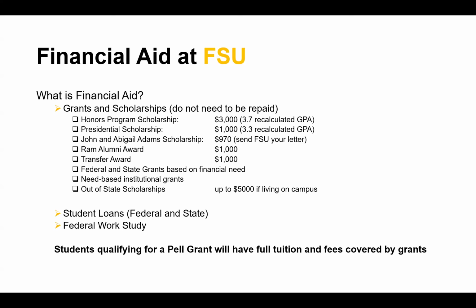And again, as long as you go through the process, everyone will at the very least get the $5,500 direct loan. And these are, like I said, the federal loans that hopefully will again be subject to the different loan forgiveness programs and income-driven repayment plans.